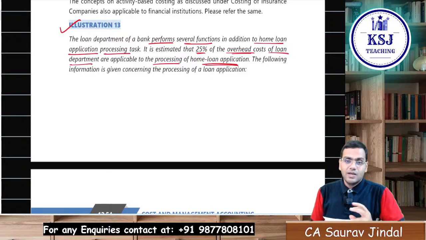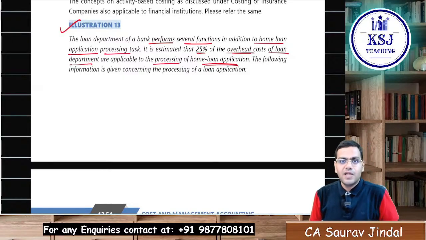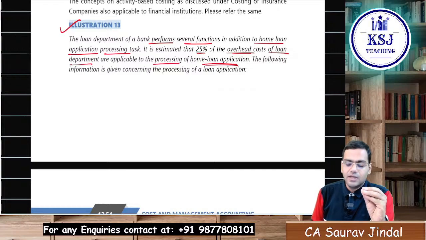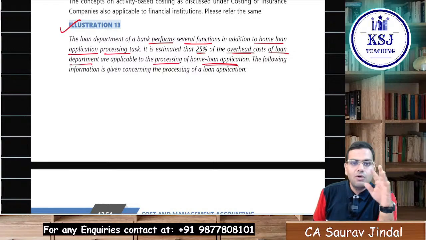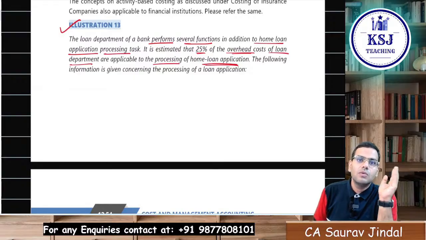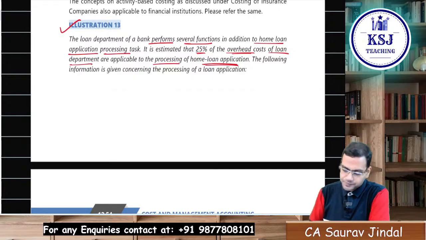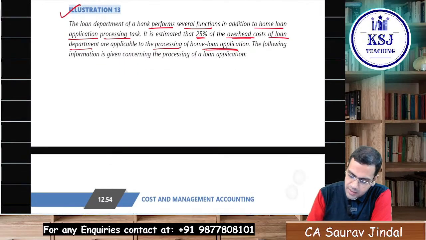He says whatever is the total overhead cost of the whole department, of that 25% is for the home loan applications. Right? Out of the total overhead cost, 25% is for the home loan applications. Clear? The following information is given concerning the processing of a loan application.